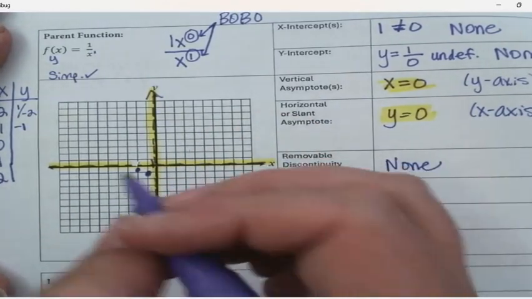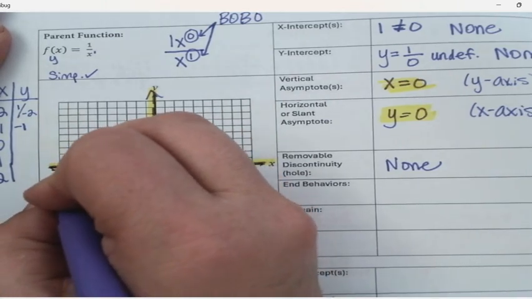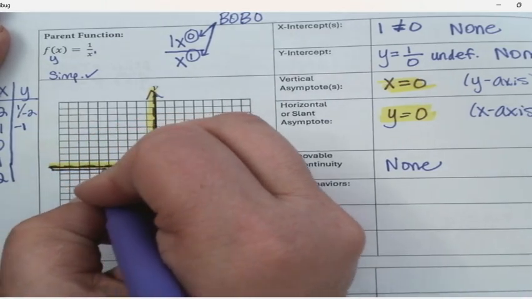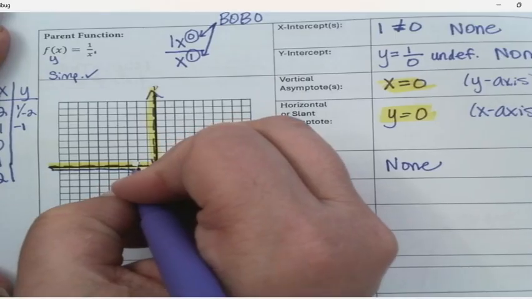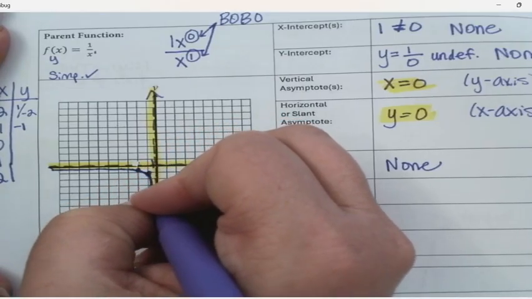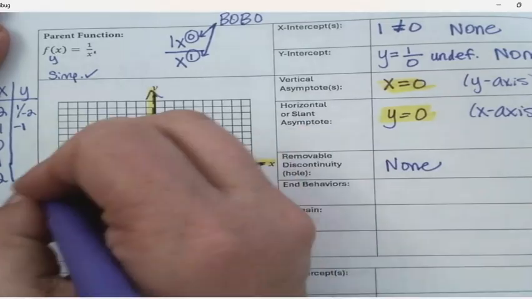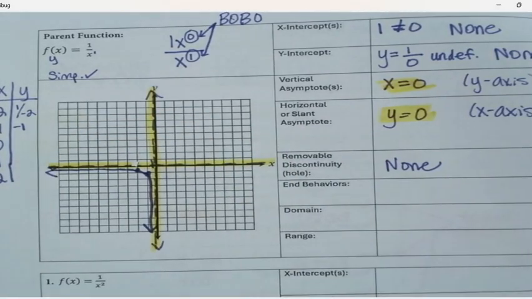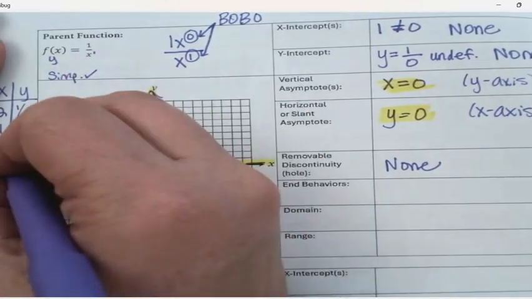So -1, -1. So I got to know kind of what these things look like. They're these rounded things. And so this one looks like it's on this side. The asymptotes shape our graph. So we come across, we round at the corner right here, and then we come on down next to the asymptote. So the asymptotes really shape our graph.